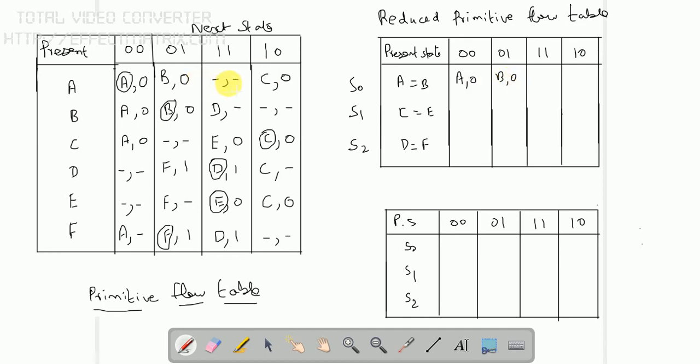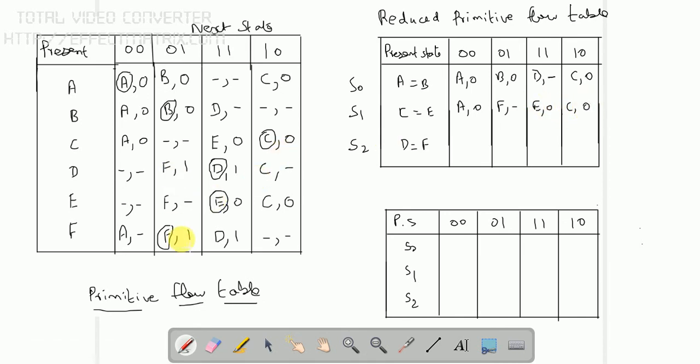Next dash comma dash, D comma dash, which is considered as D comma dash. Next 1, 0, same, C comma 0. Then equate C and E: A comma 0, dash comma dash, that is A comma 0. Next dash comma dash, F comma dash, E comma 0, E comma 0. Similarly C comma 0, C comma 0. So E comma 0, C comma 0.